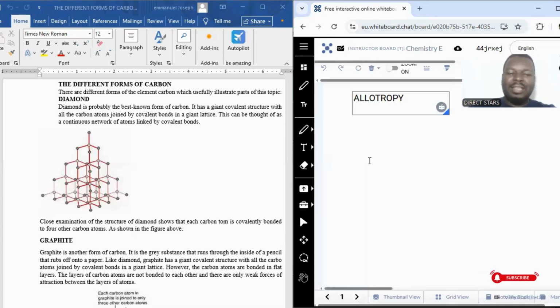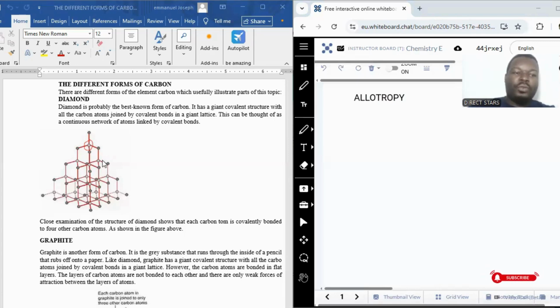So if you examine the structure closely, you will see that each of the carbon atoms is covalently bonded to four other carbon atoms. Let me show you that in this structure. Let's just pick one carbon as an example. Let's pick this one. Okay, as you can see in this structure, this carbon that I encircled here is bonded to another carbon at the top, another carbon below, another carbon by the right, and then another one by the left.